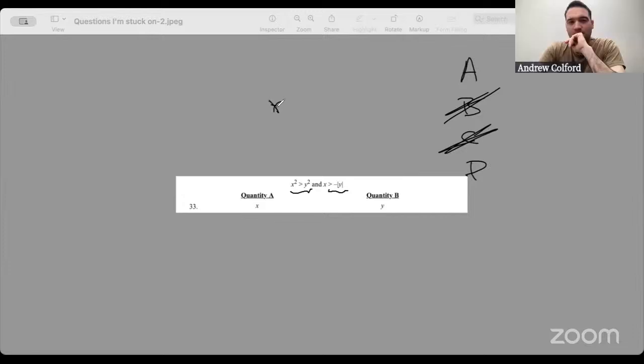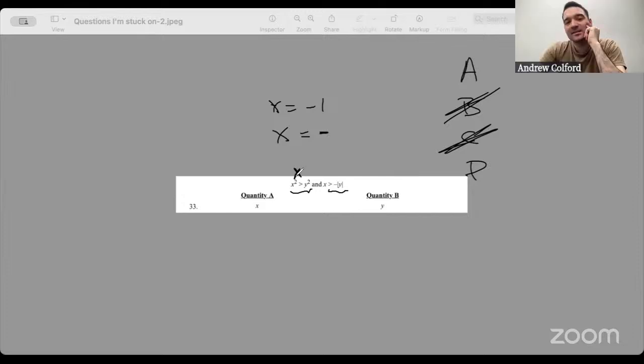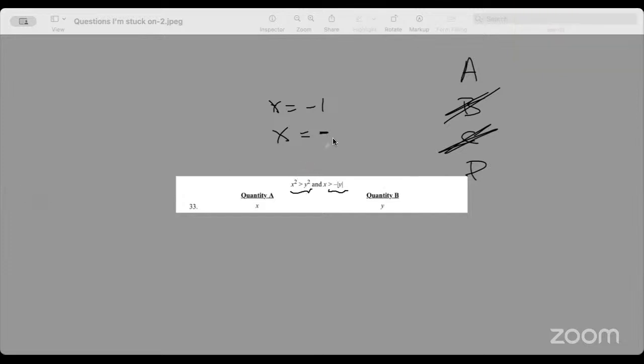X and negative 1. Yes, and Y could be negative 50, I suppose. That violates this first one here, right? Because negative 1 squared is not greater than negative 50. Okay, so I'm trying to think of an extreme.